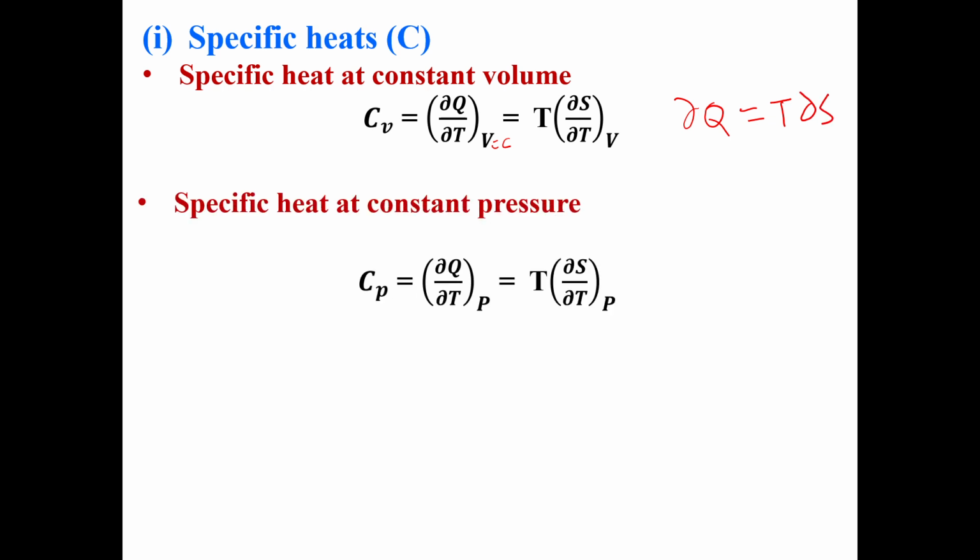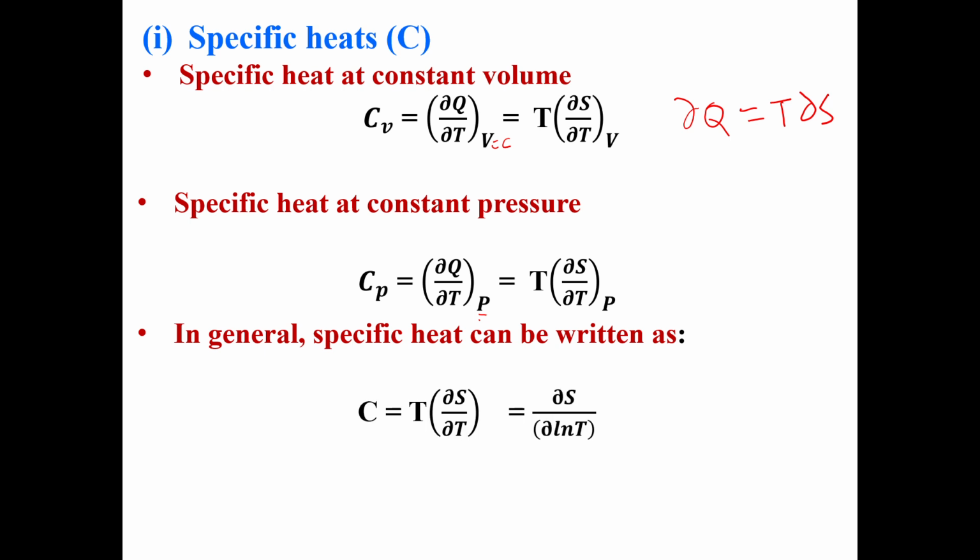Second one is specific heat at constant pressure. In general, specific heat can be written as C is equal to T into ∂S upon ∂T. This can be rewritten as ∂S divided by ∂ natural log of temperature.